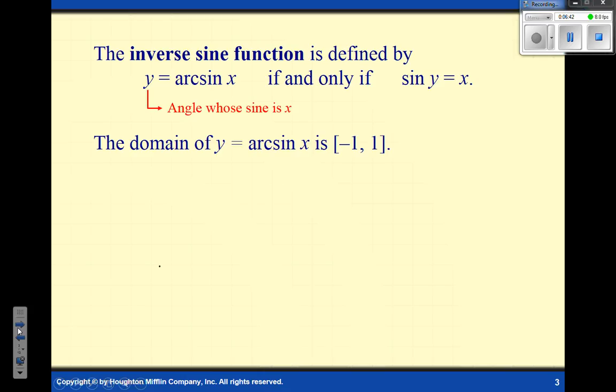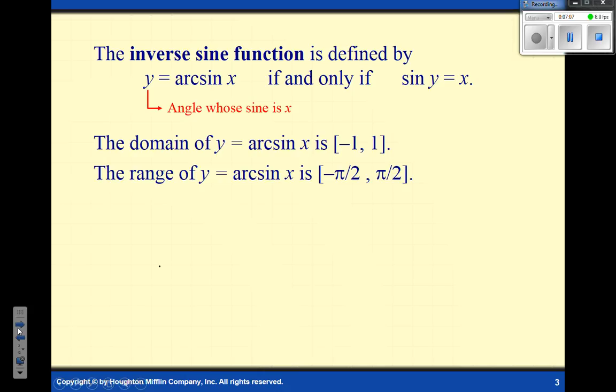Okay, so now let's talk about the domain and range. Remember when we graphed the sine function and you told me that the range went as high as 1 and as low as -1? Well, since we're doing the inverse now, that is the domain. What was the range is now the domain. Well, in the parent function for sine, the domain was all real numbers.